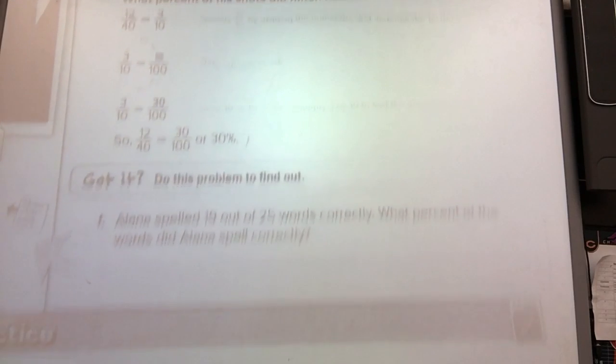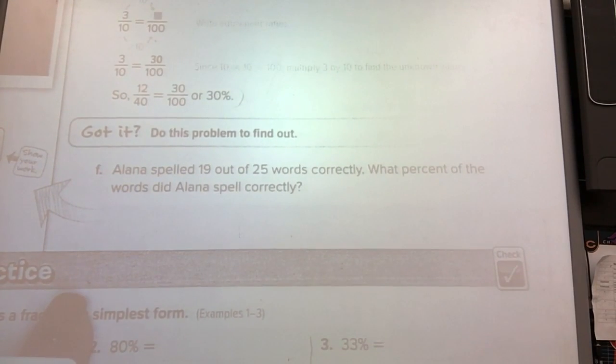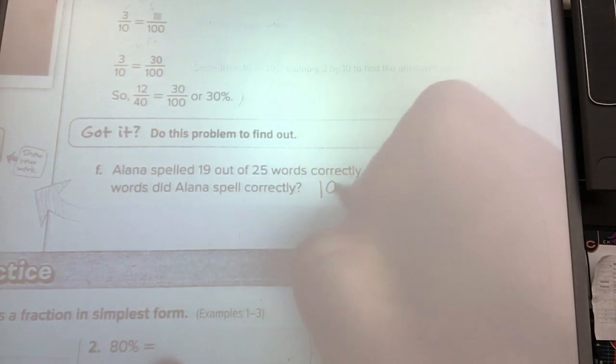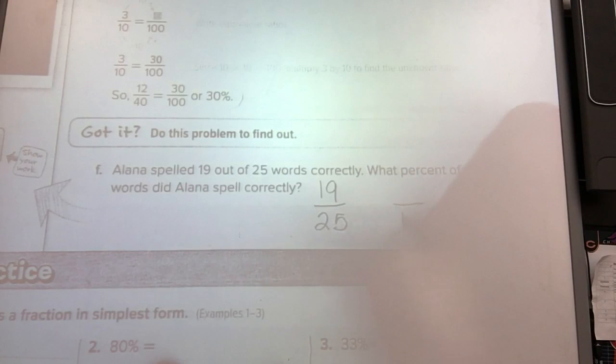All right, Anna spelled 19 out of 25 words correctly. Now this one we don't really have to go down because I know that I can get from 25 to 100. 25 is a quarter, right? And how many of those makes $1 or makes 100? 4. What I do on the bottom, I just got to do on the top.